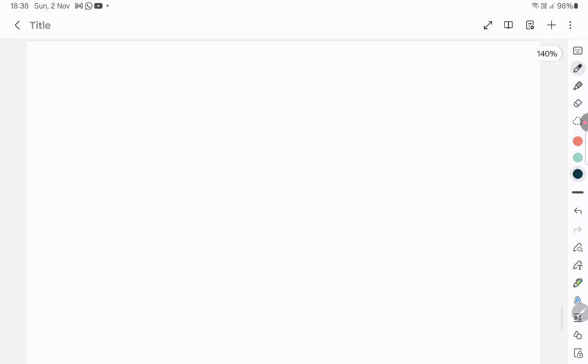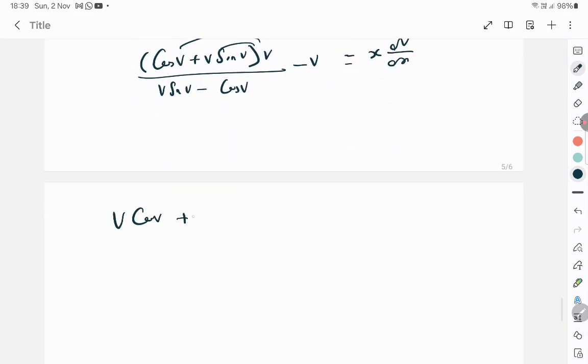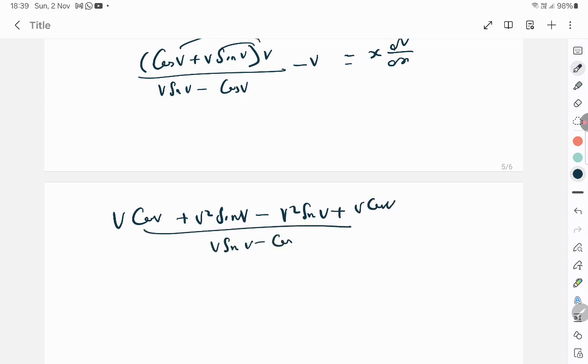So you get v cos v plus v square sin v minus v square sin v plus v cos v by v sin v minus cos v is equal to x into dv by dx. In this, what can you cancel?